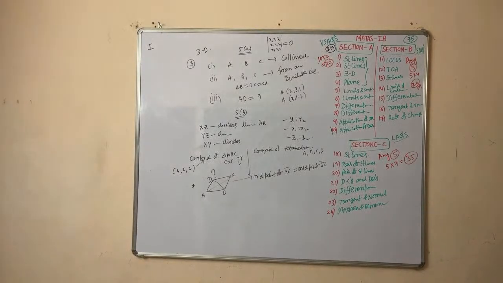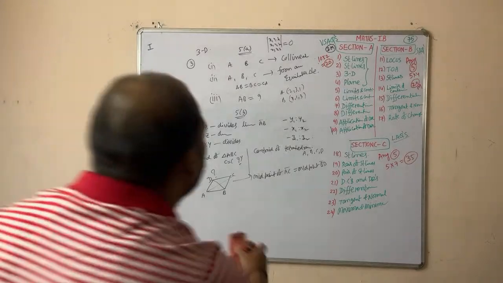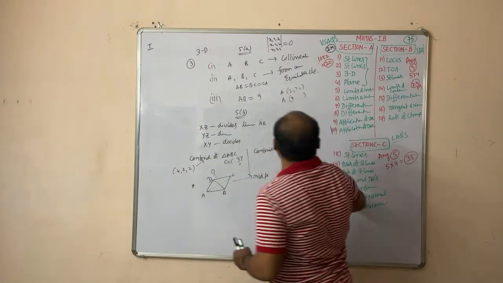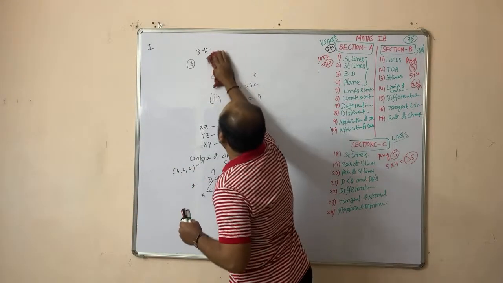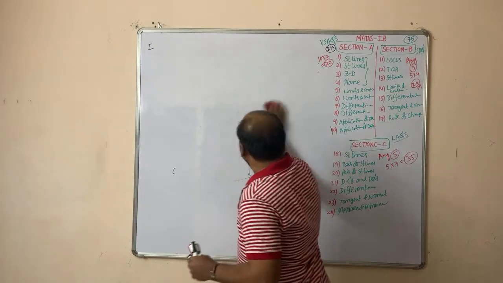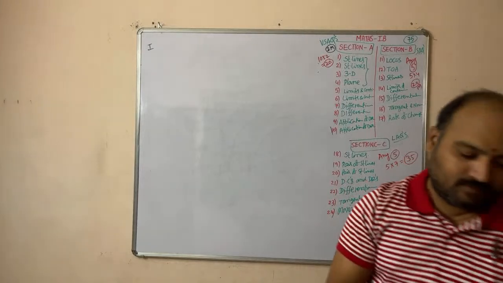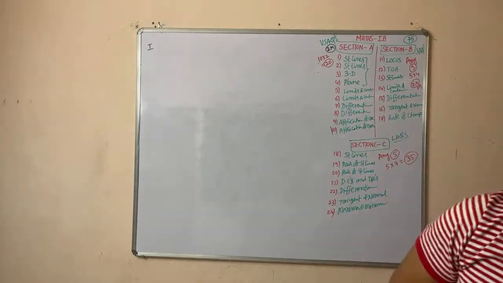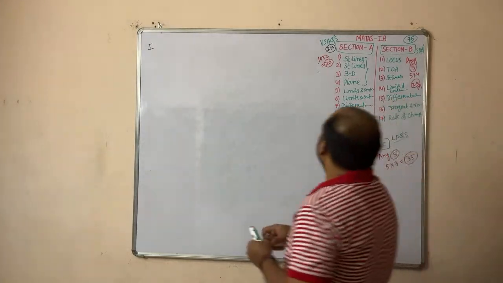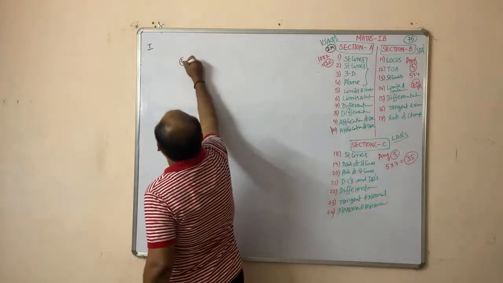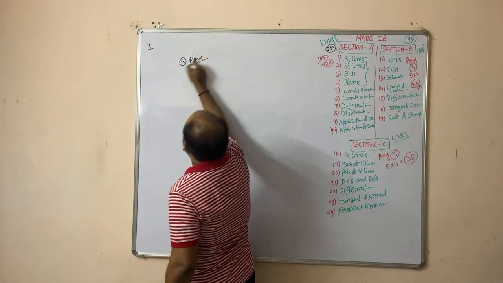We'll move on to question number 4. What type of problems are there in question number 4? Here maximum 5 to 6 models are there. This is the plane chapter.